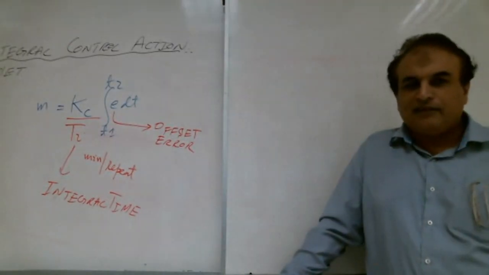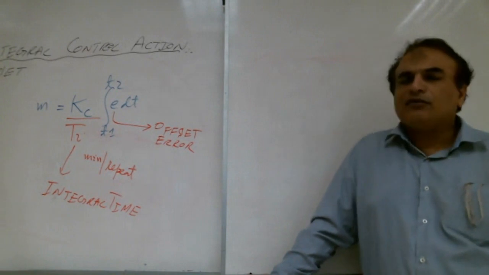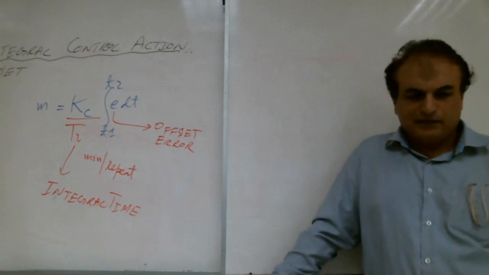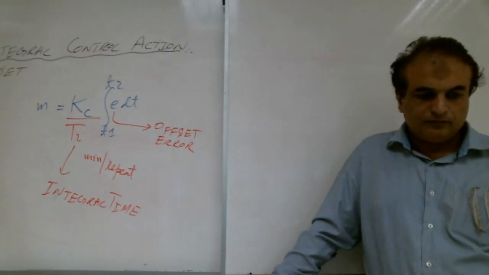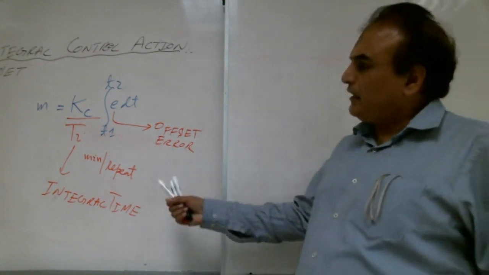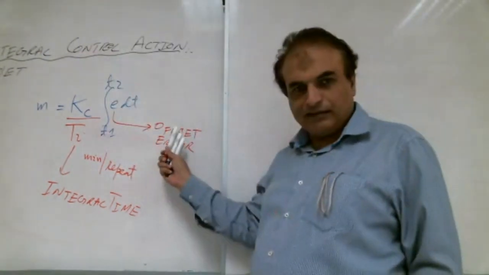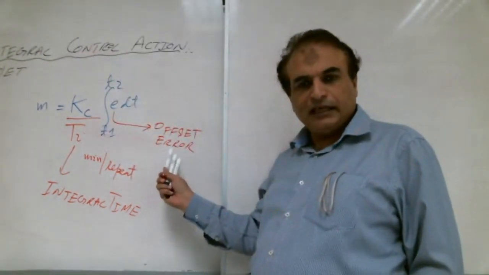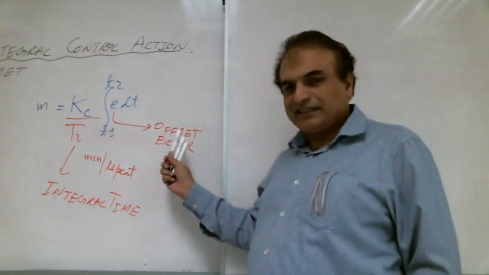Manual reset, teacher. Proportional action. Very good. Why do we need proportional action? We are applying the integral action on this offset error, right? Now, where is this offset error coming from?